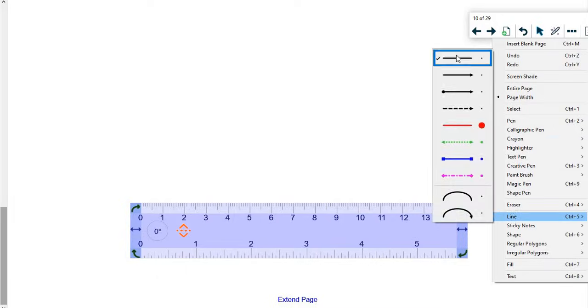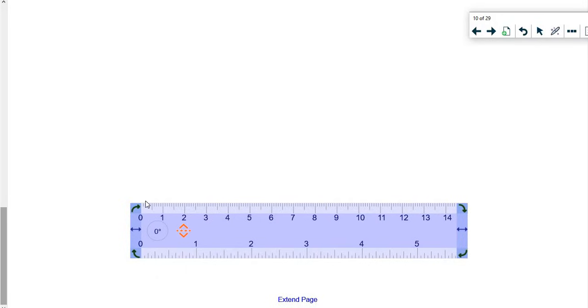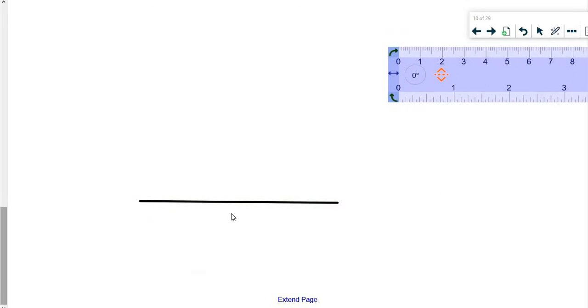So starting from 0, measure 9 centimeters. That is 9 centimeters. Then remove your scale.